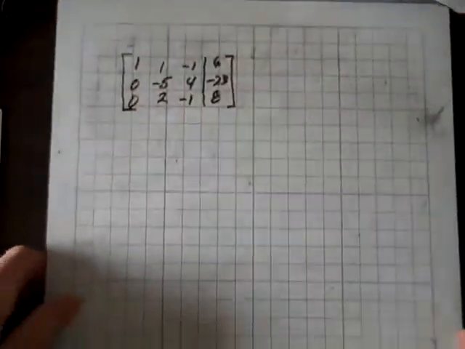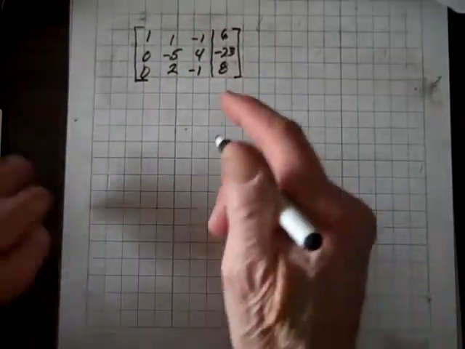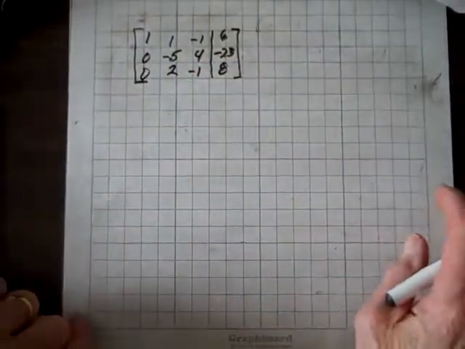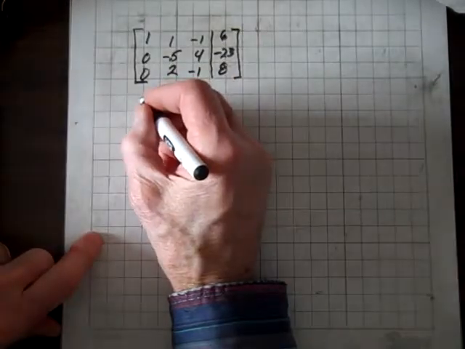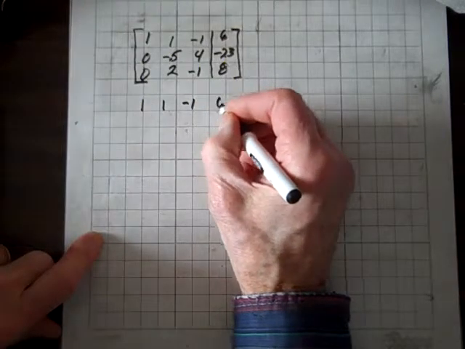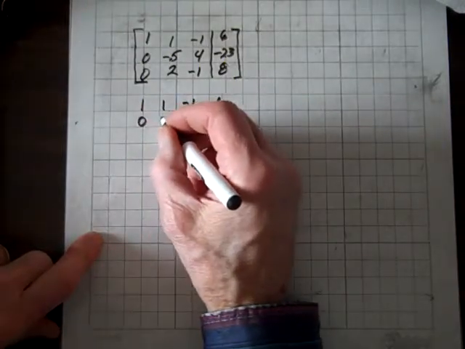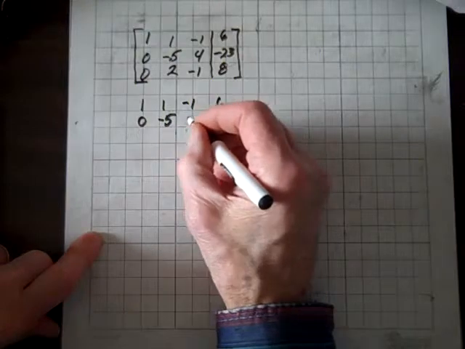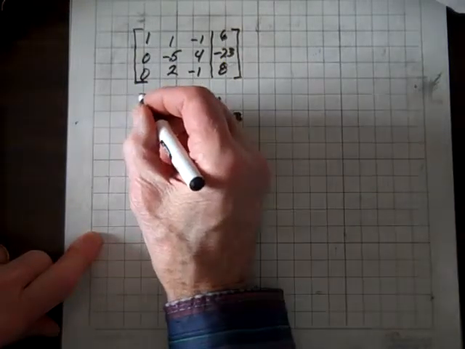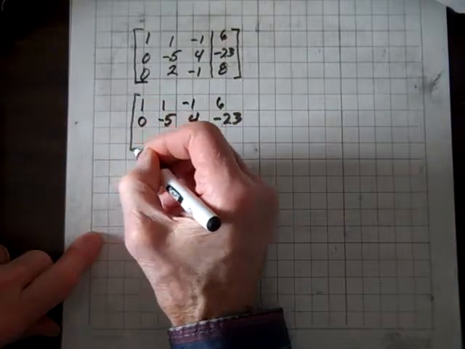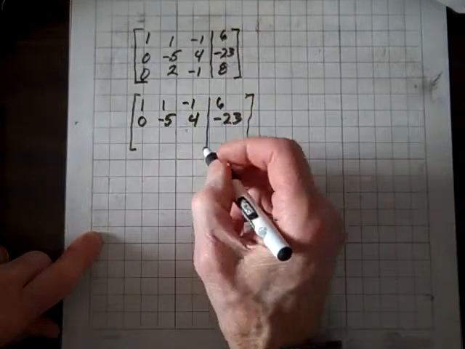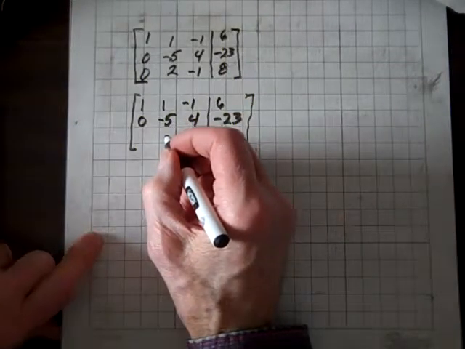Now let's go on. And now we have to get a 0 in this position. So row 1 won't change. Row 2 will not change. We've got to get a 0 in this position.